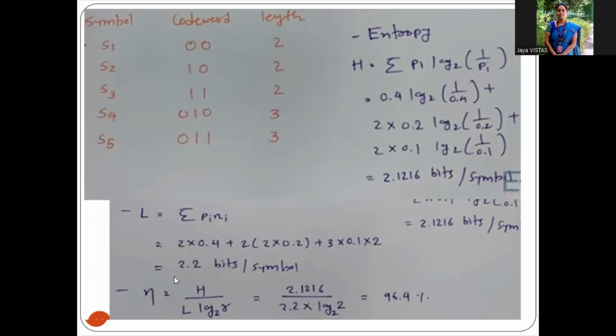Then after that we can calculate the efficiency. Efficiency is equal to H by L log 2 to the base 2, or otherwise the average information entropy H divided by the average code word length L. We already calculated the entropy 2.1216, divided by 2.2 into log 2 to the base 2, so it is equal to 96.4 percent.